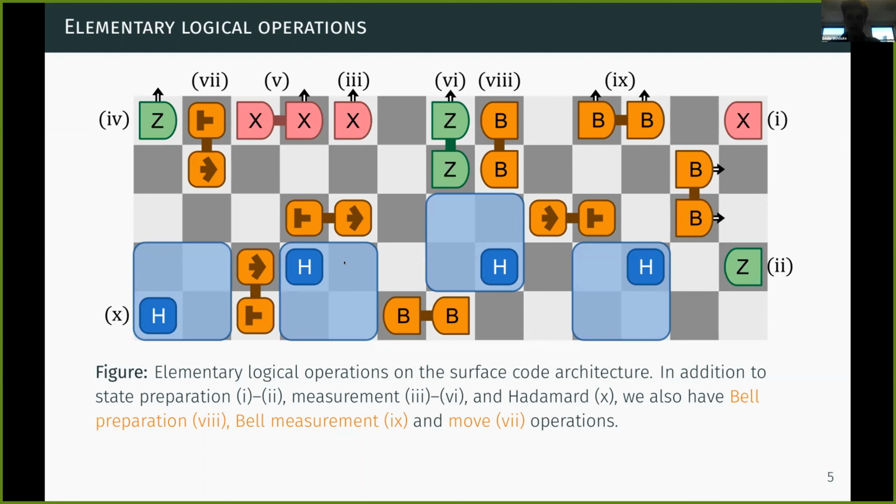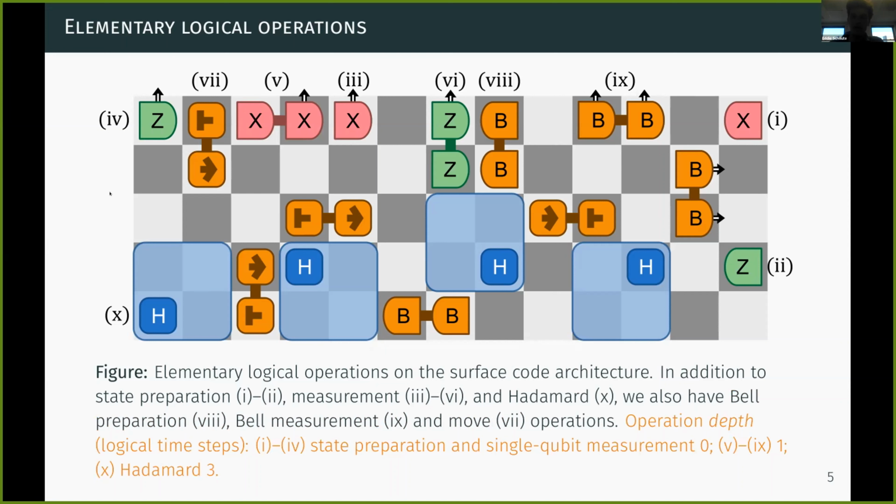We can perform Bell pair preparation, depicted by these 2 B's on adjacent patches, Bell measurement, and a move operation, which moves a logical qubit to an adjacent ancilla qubit in a teleportation sense. Just to reiterate, this is still the surface code architecture, and every square here is one of our logical qubits, a surface code patch.